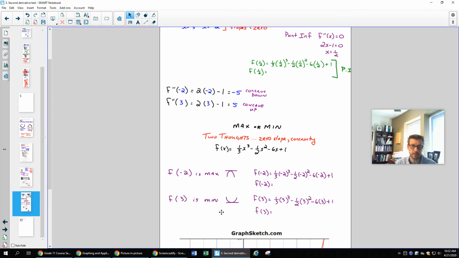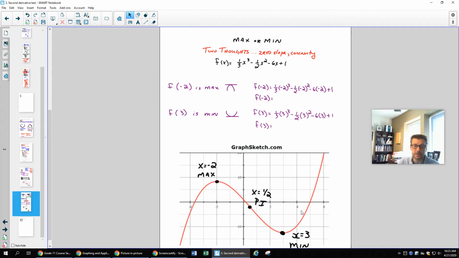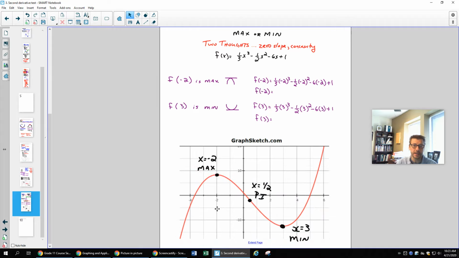And the reason it's a minimum, we know it's a zero slope and we know it's concave up. Again, plug in the 3, work it out, and you can use those values then to help you draw some graphs. At -2, it's the top of the curve going from increasing to decreasing, or it's a region of concave down, right? So first derivative test would still work here.